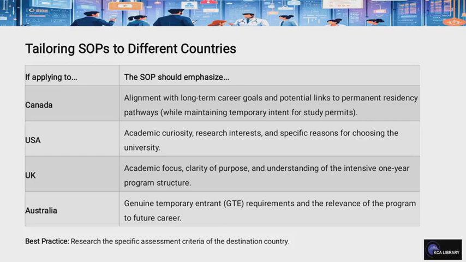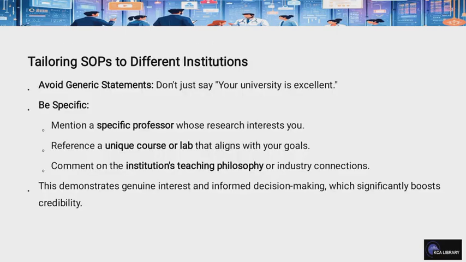And lastly, for Australia, your SOP should emphasize the genuine temporary entrance requirements and the relevance of the program to future career. In practice, there is need to research the specific assessment criteria of the destination country.